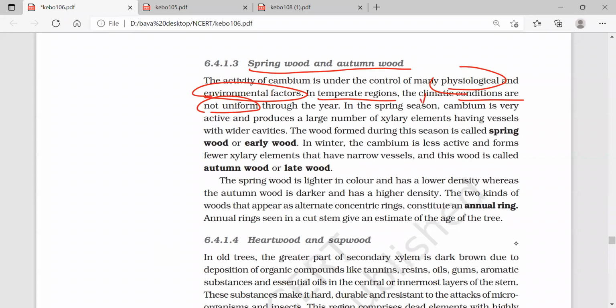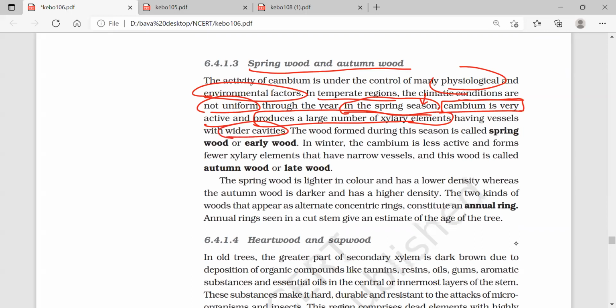In a temperate region, in the spring season, the cambium is very active and produces a large number of xylem elements. Note down, this is very important. During spring season, cambium is very active, in the sense it divides actively and produces a large number of xylem elements having vessels with wider cavities.